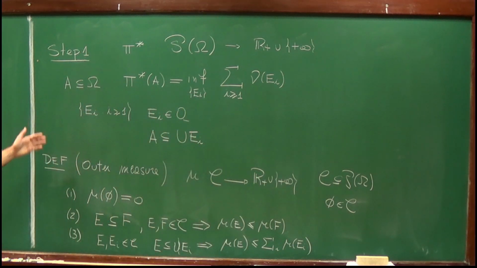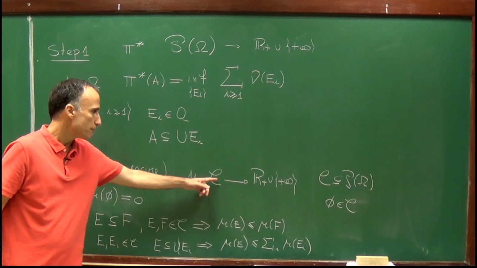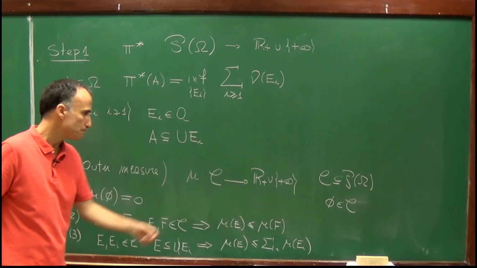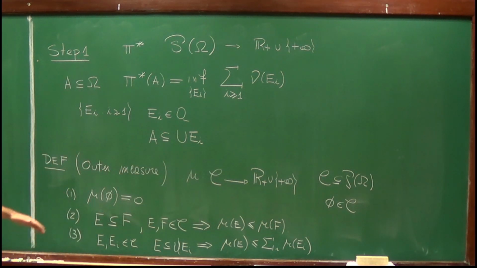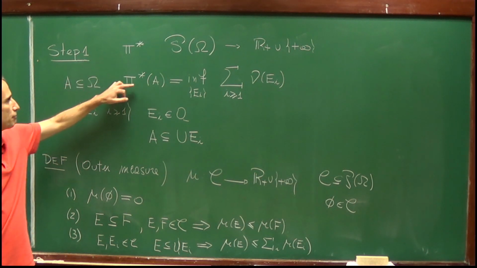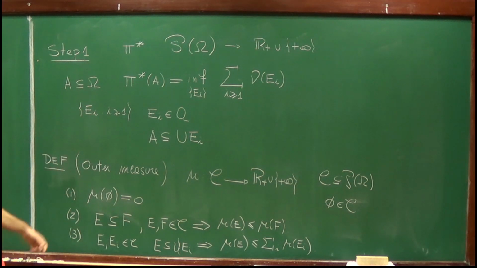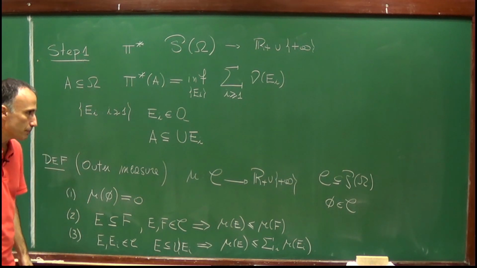So here is the definition of an outer measure: a function defined on a class C of sets will be called an outer measure if it satisfies these three conditions. And my first claim is that P star, defined by this formula, is indeed an outer measure.